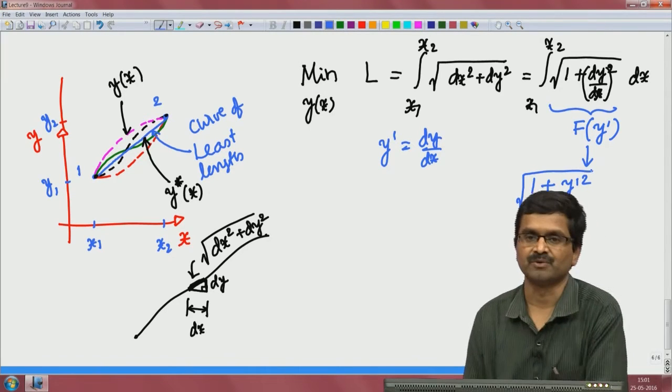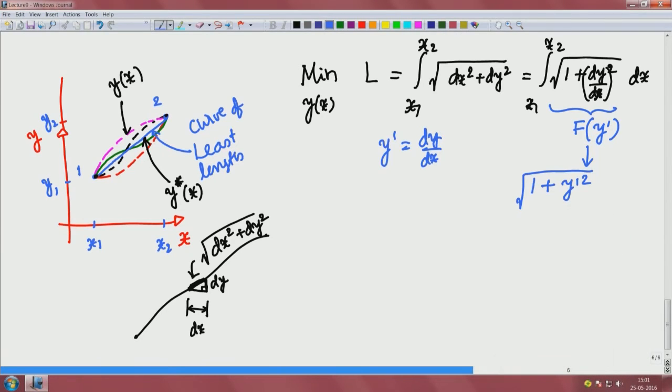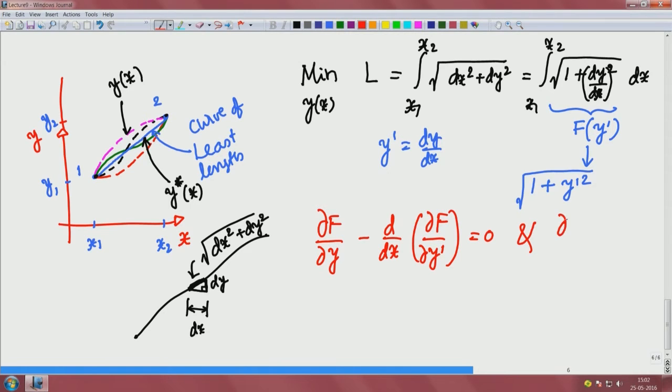That is our f now, and let us recall our Euler-Lagrange equation, which was dou f by dou y minus d by dx of dou f by dou y prime equal to 0, and then we had of course the boundary conditions, the Dirichlet or Neumann, essential and natural.